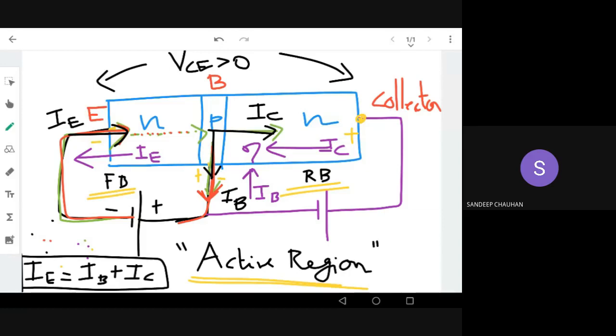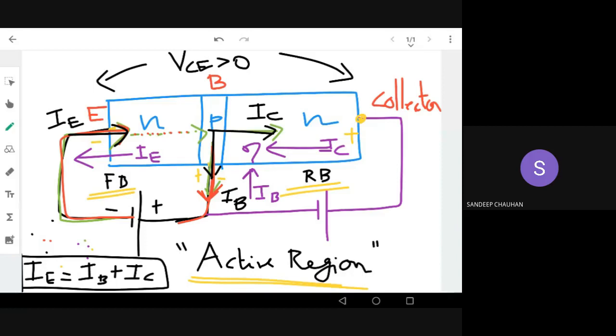So I'll just repeat what was discussed. We have a current flow from the negative terminal of the battery into the emitter terminal. You should remember, the emitter region is very highly doped, so there is a lot of current flow, and in the N region there are a lot of electrons. The electrons will enter the base region in large density.